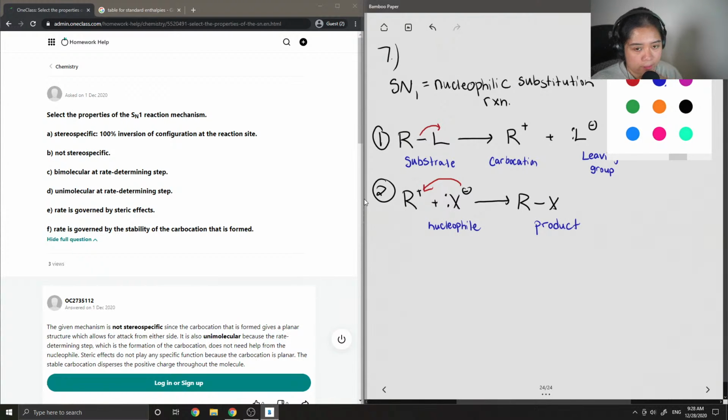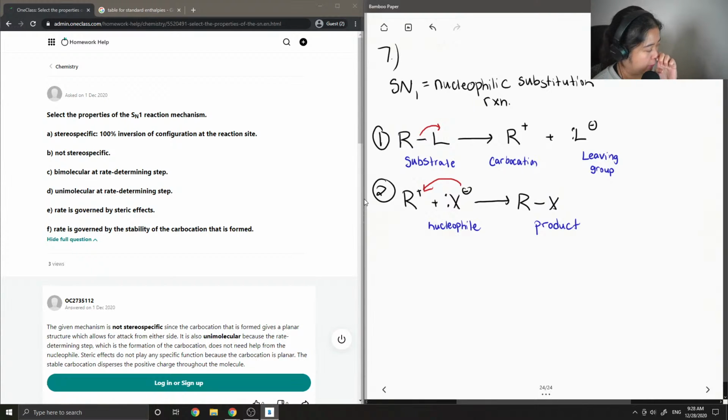Okay, so now let's go over all of the options that they give us. So is this reaction stereospecific, where 100% of the conversion, 100% inversion of configuration at the reaction site, or is it not stereospecific?